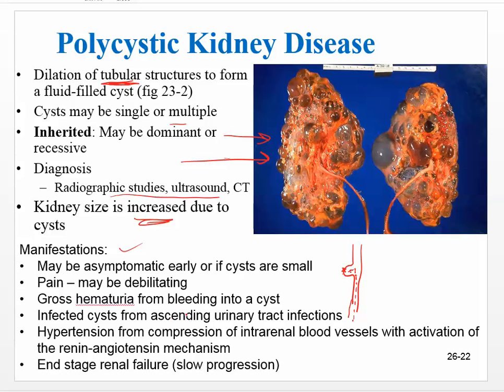Infected cysts from ascending urinary tract infections are another problem. If we look at this picture, you can see a giant cyst right there, and it may collect fluid. Stasis is never that good.